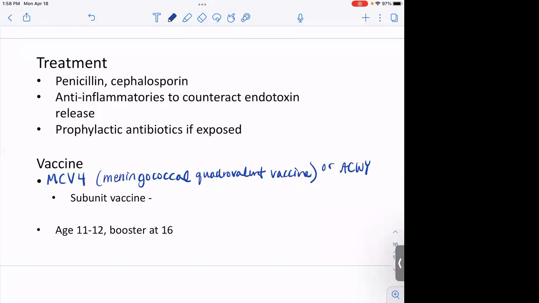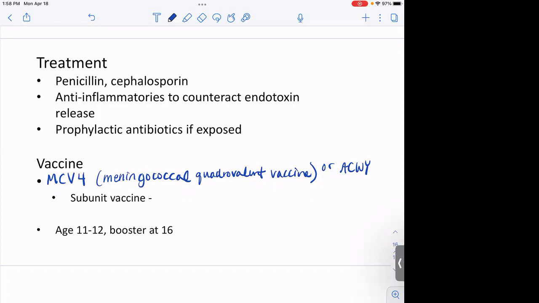Okay, so quadrivalent, there's 4 different. So it's a subunit vaccine. It doesn't protect against that B serotype, because apparently the sugars in that B serotype were just not as antigenic, so it was hard to get a vaccine that would protect against that.